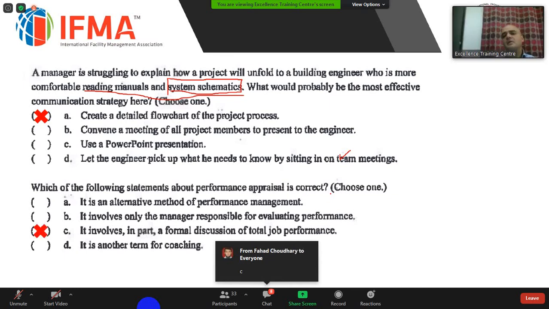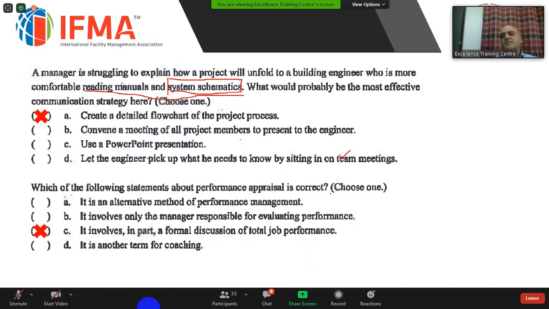It's not an alternative method of performance management; performance appraisal is part of performance management. It doesn't involve only the manager. It can be a 360-degree appraisal involving the manager, the employee, and colleagues. And it's not another term for coaching. Coaching is when I take you and show you how things are done.